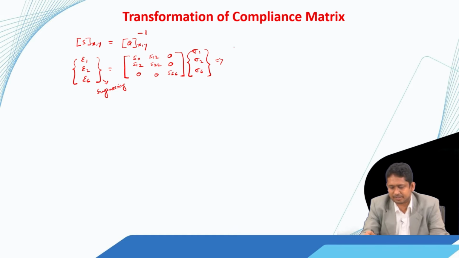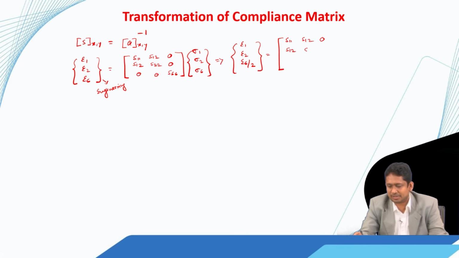Now, this same relation, if we change the strains to tensorial ones, we can write as this, and then S has to be adjusted accordingly. In case of Q, for going from engineering to tensorial, we had to multiply Q66 by 2. Here in case of S, we have to divide it by 2. So, this is sigma 1, sigma 2 and sigma 6.